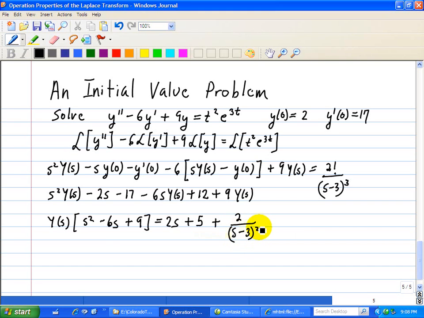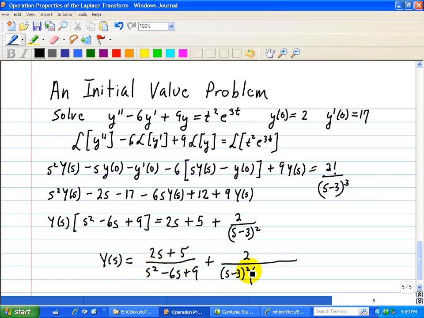Now we divide by this factor, s squared minus 6s plus 9, so that leaves Y of s equal to 2s plus 5 all over s squared minus 6s plus 9, plus 2 all over s minus 3 squared times s squared minus 6s plus 9.